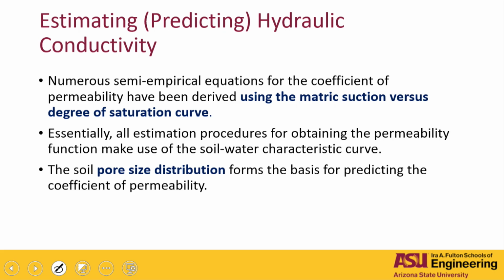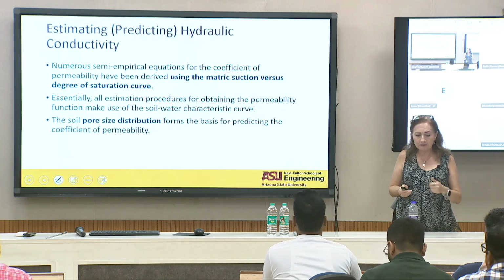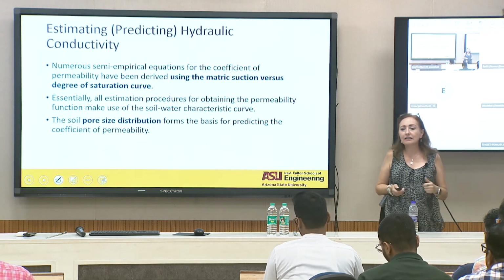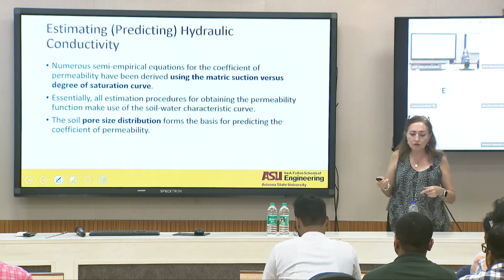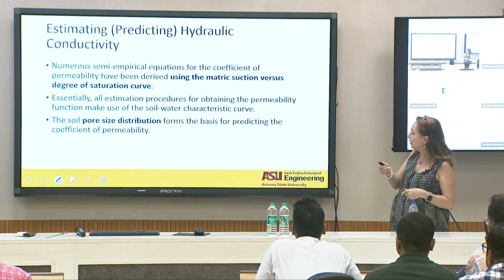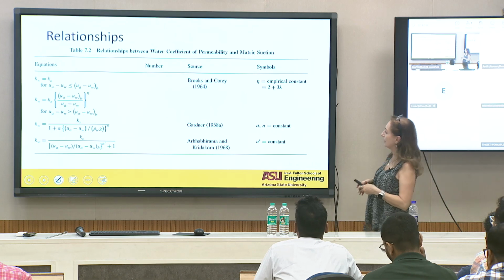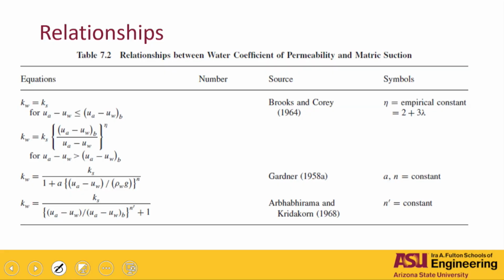So all these procedures for obtaining the permeability make use of the soil-water characteristic curve in the degree of saturation form, volumetric form as well, and basically the pore size distribution is the basis for the prediction of the permeability.